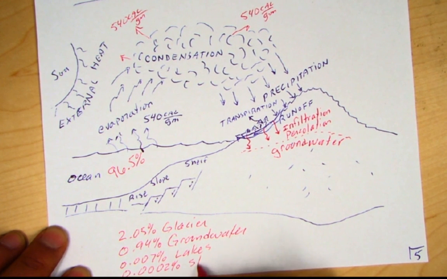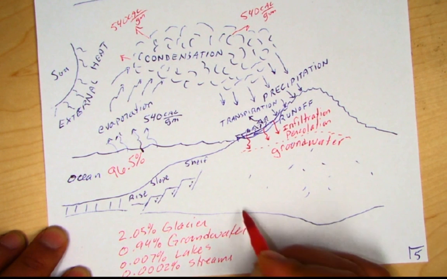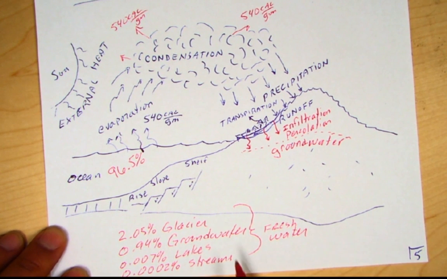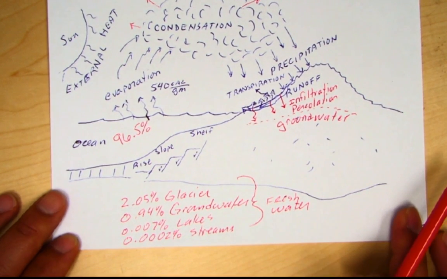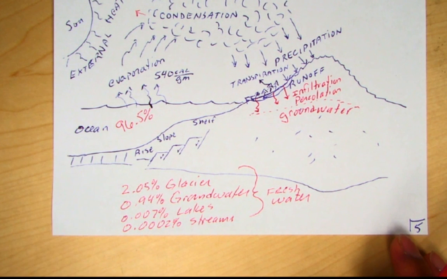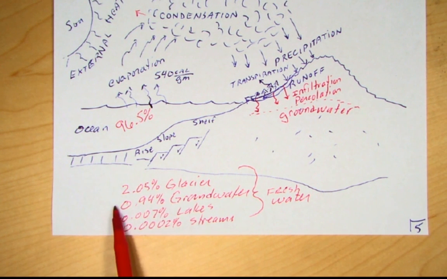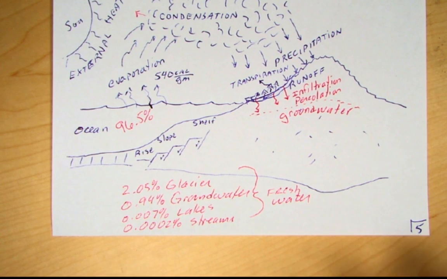These are going to be the streams. So this is for our freshwater sources. You can see that glaciers are significant, but they're frozen. Usually glaciers are far away from regions where people live. But groundwater, when we talk about groundwater, will be an important resource for us.